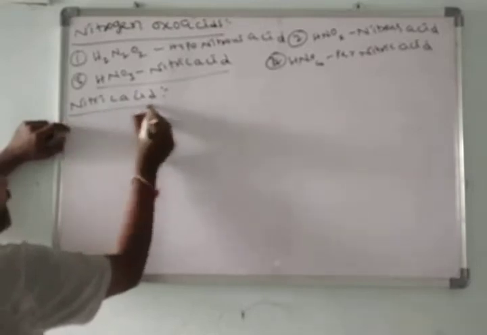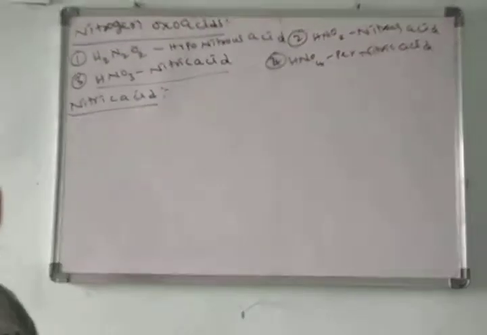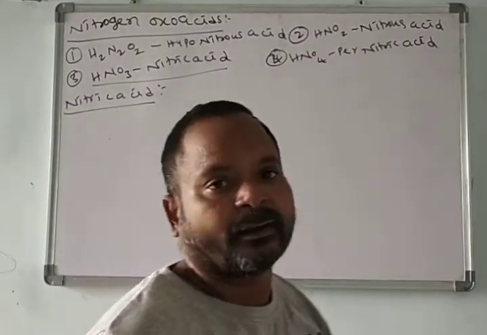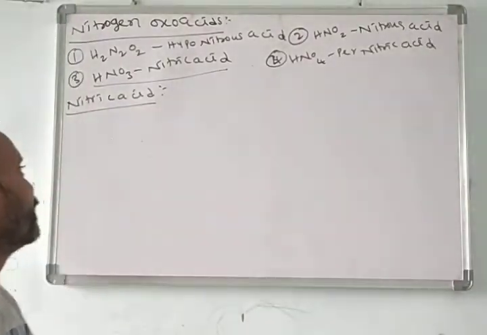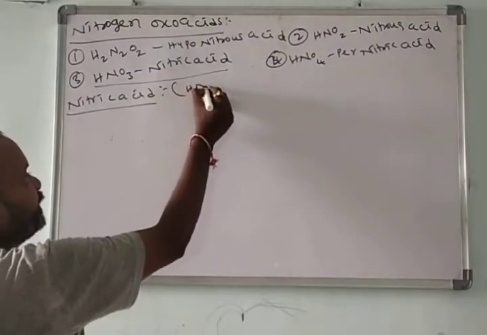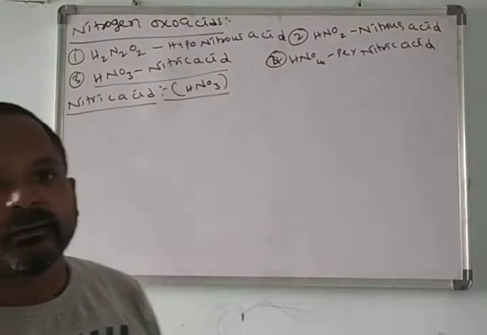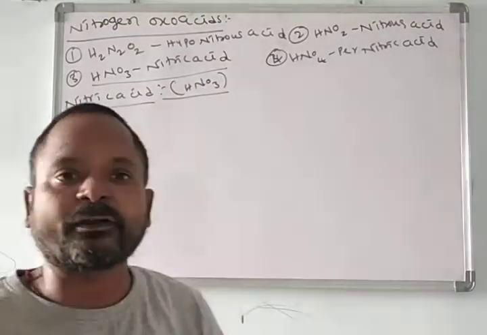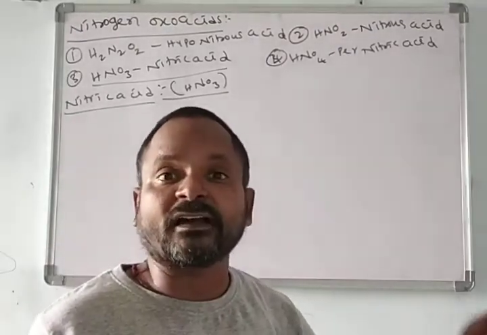It is a laboratory reagent, and so many organic nitro compounds were prepared by using this nitric acid. Formula of nitric acid is HNO3. The important property: it converts normal proteins into xanthoproteins.